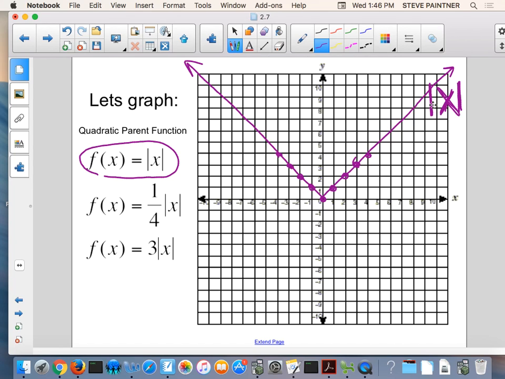I think the parent took you like 20 seconds. You should be done. Right 1, up 1, right 2, up 2, right 3, up 3. Mirror it, you got it. Any questions on the parent?